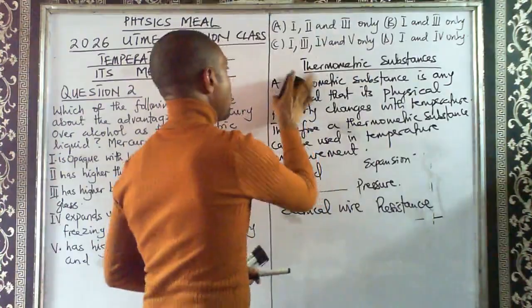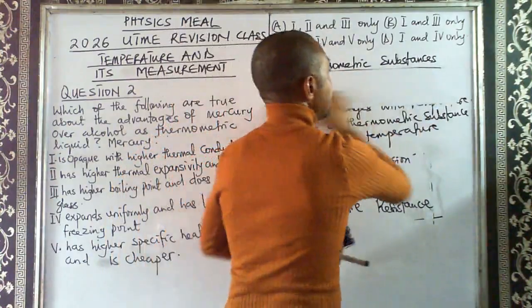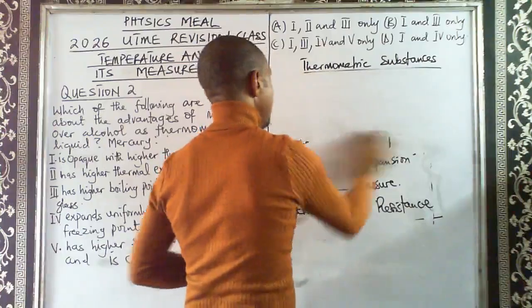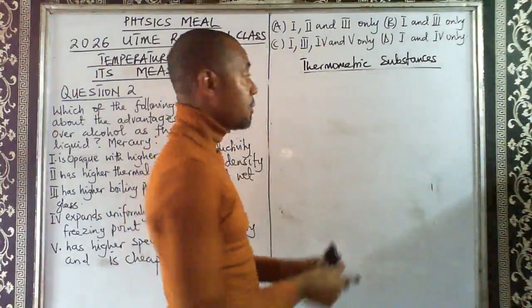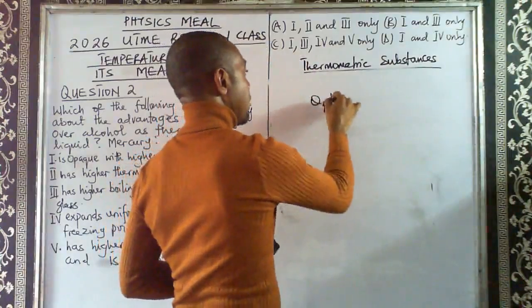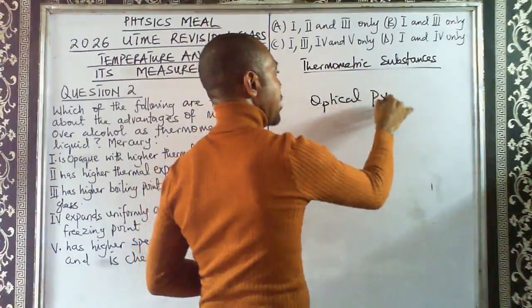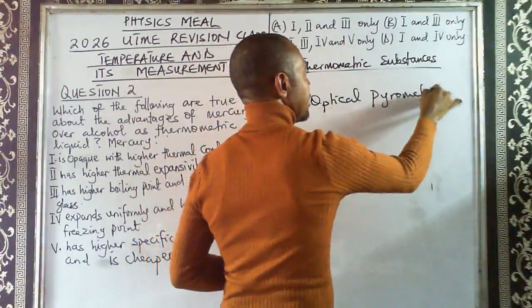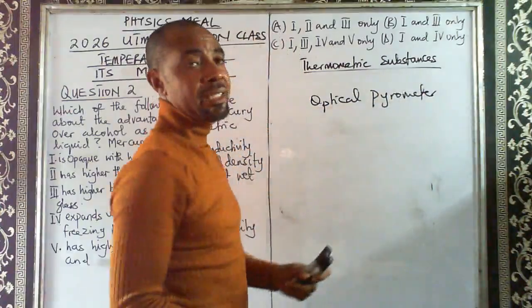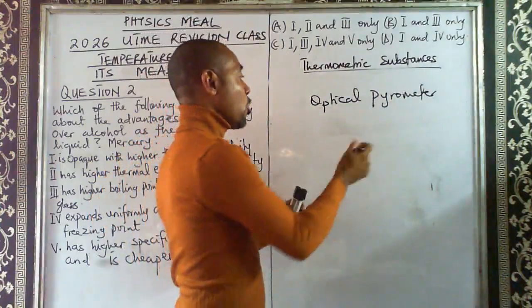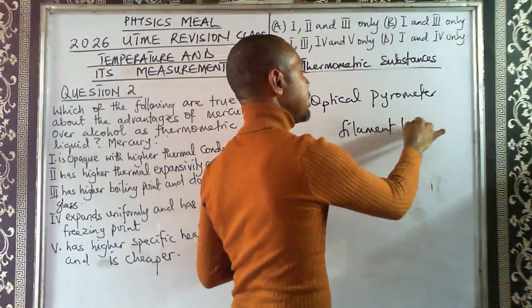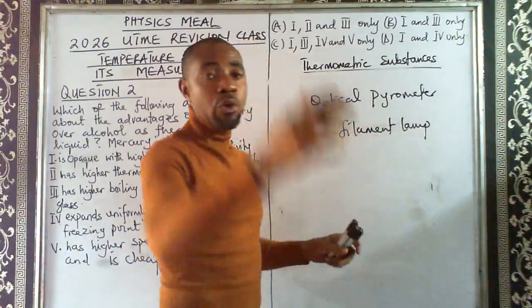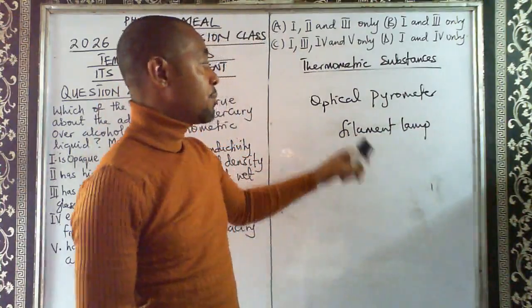So when you are looking at temperature measurement from the angle of light, you use the thermometer we call the optical pyrometer. This one works with light, and that light is usually compared to your filament lamp. You know the filament lamp, your normal bulb. We compare that light to it.